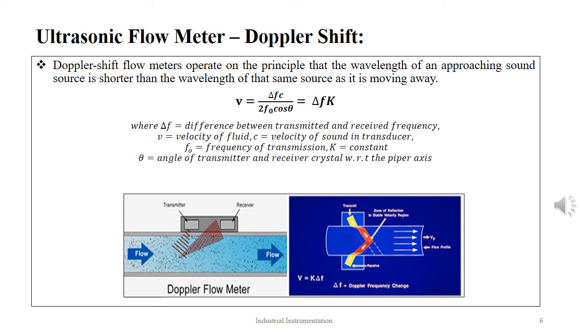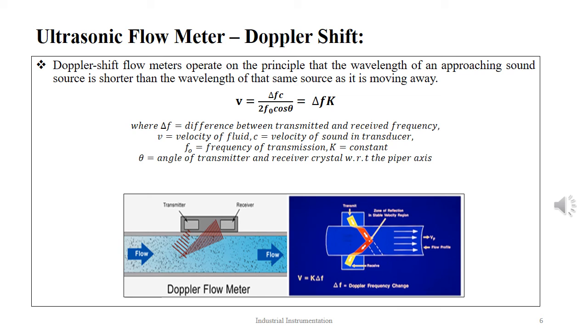The measured difference in the wavelength of the transmitted signal versus the reflected signal is proportional to the process velocity. Doppler flow meters are used for slurries, liquids with bubbles, or gases with sound reflecting particles. They can also be adapted for use in open channels by integrating with level transmitters.